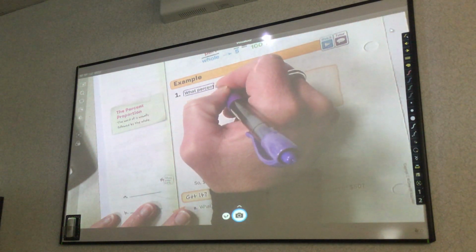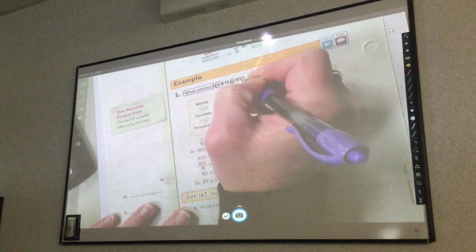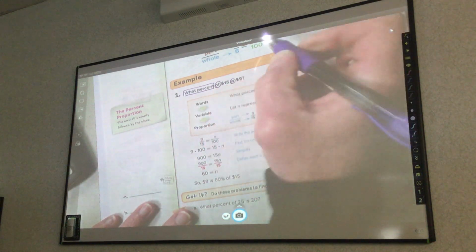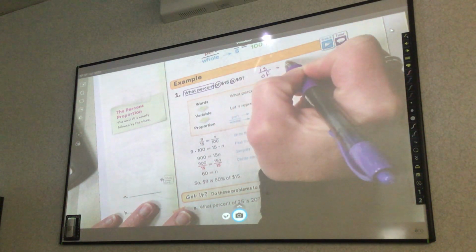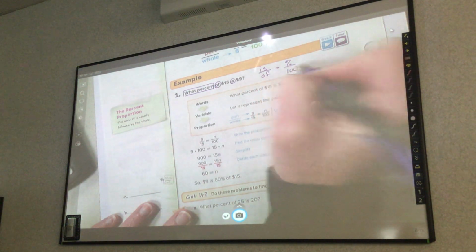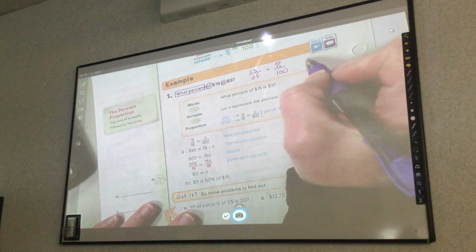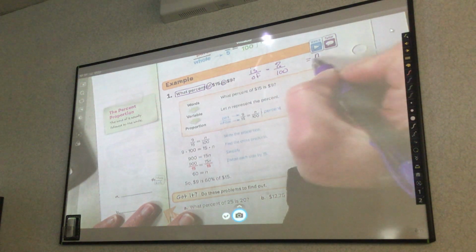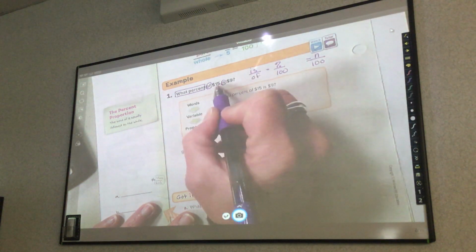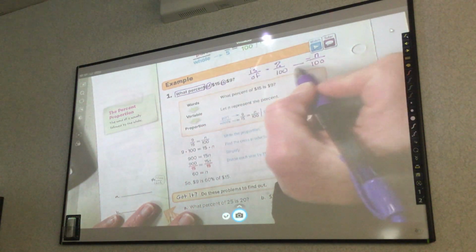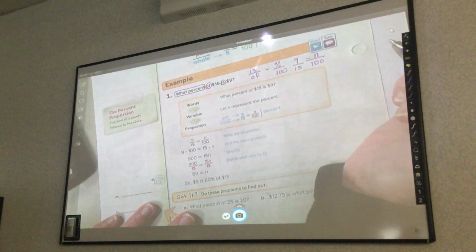And then I've got my of 15 is 9. So when I come over and I know it's the is over of equals percent over 100, I want to know what percent. So that's what I don't know. So I'm going to put a letter, whether it's N or X. And I say of 15, so the of is on the bottom, is 9, so the 9 is at the top.